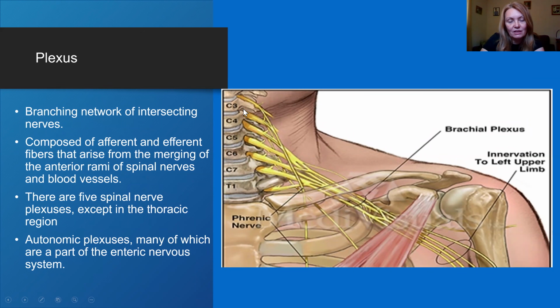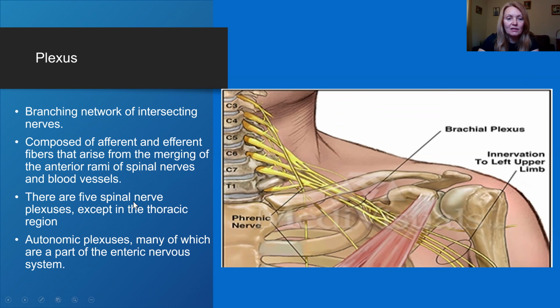So for example, we have shown here C3, C4, C5, C6, C7, C8, T1, right? And all these ventral rami, ventral branches, they form this intersecting network, and this is called a plexus. And plexus will have both afferent and efferent fibers. That means plexus will have sensory and motor axons, right?